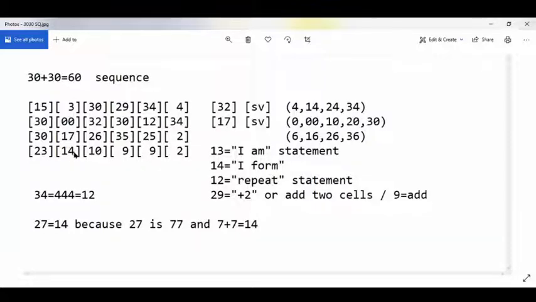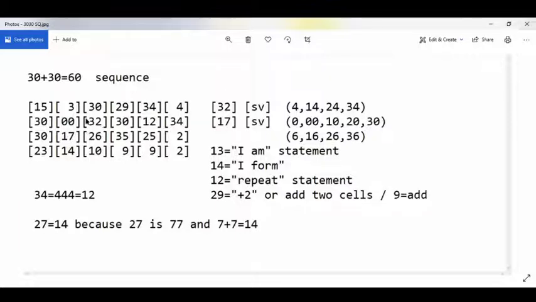And so if you go over here, you got two statements, 32 and 17, two numbers. And the thing to look at is that these are the numbers that you need to focus on, and that is the value numbers. It's on the right-hand side, and the statements are on the left-hand side. So basically, what's the statement? The statement is I am, and then it went into 27. So the number that you need to focus on is the 27. These are the value numbers. So since this is 27, right?